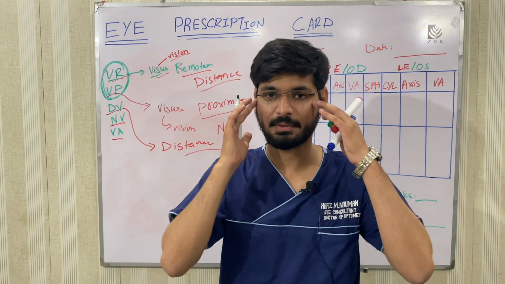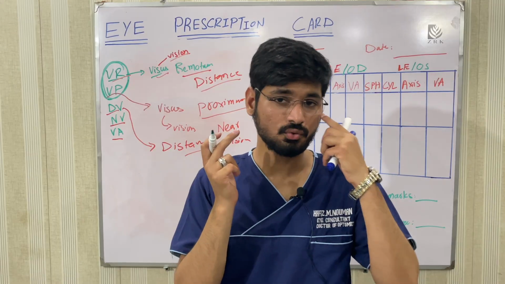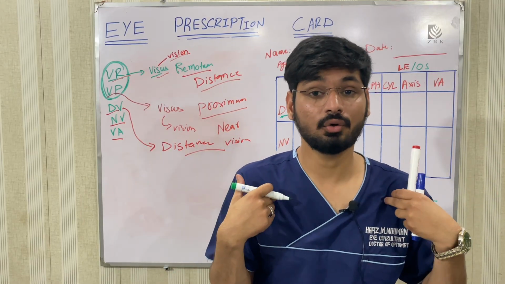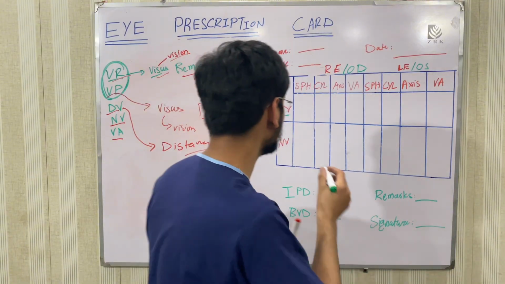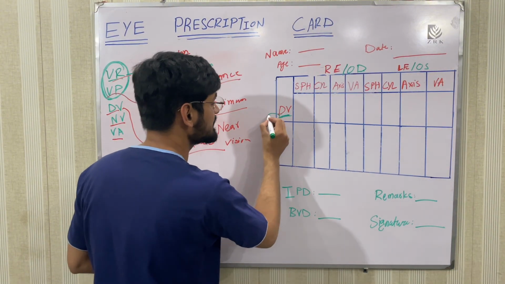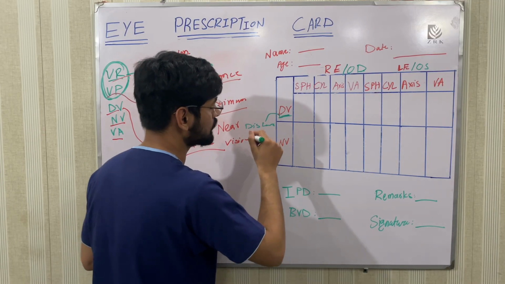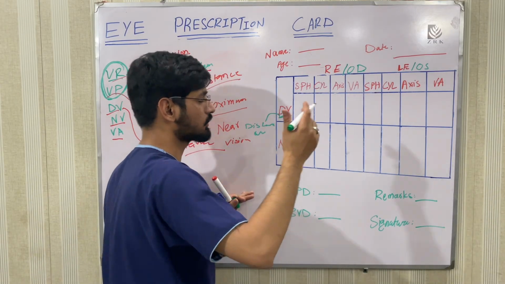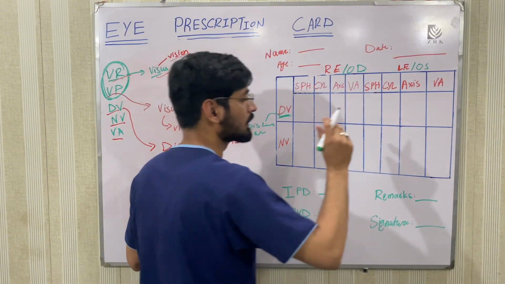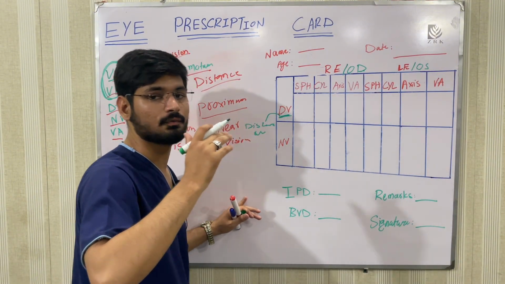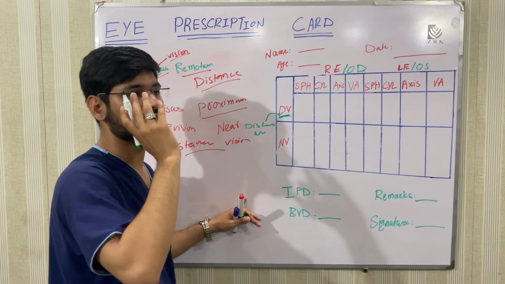If I am myopic, for example, if I have -1 in my right eye and -2 in my left eye, how do I know where I can write it? By this word, which means distance vision or distance visual acuity, I am able to understand this is the column where we can write about the refractive status of distance.